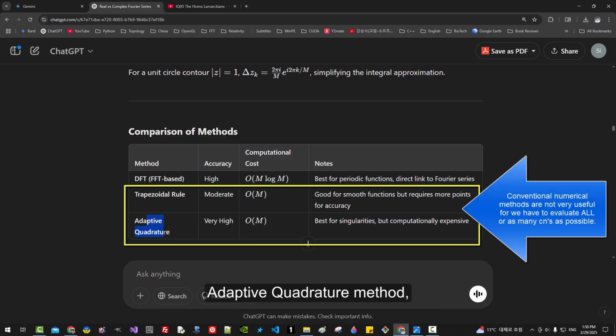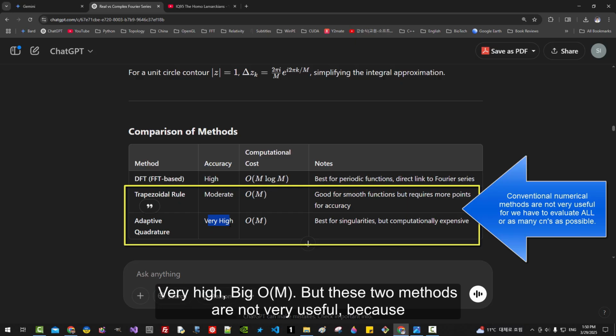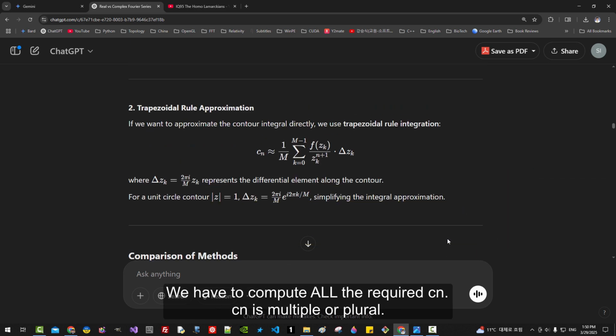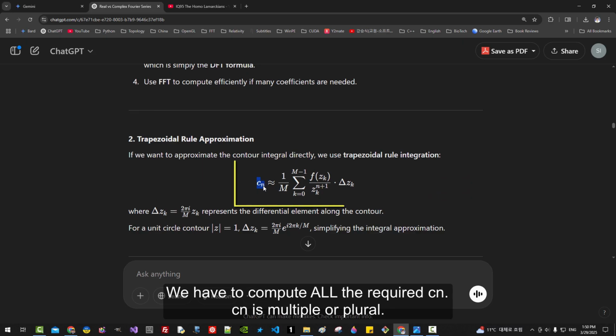And the adaptive quadrature method, very high accuracy, but these two methods are not very useful because we have to compute all the required Cn's, where n is multiple.